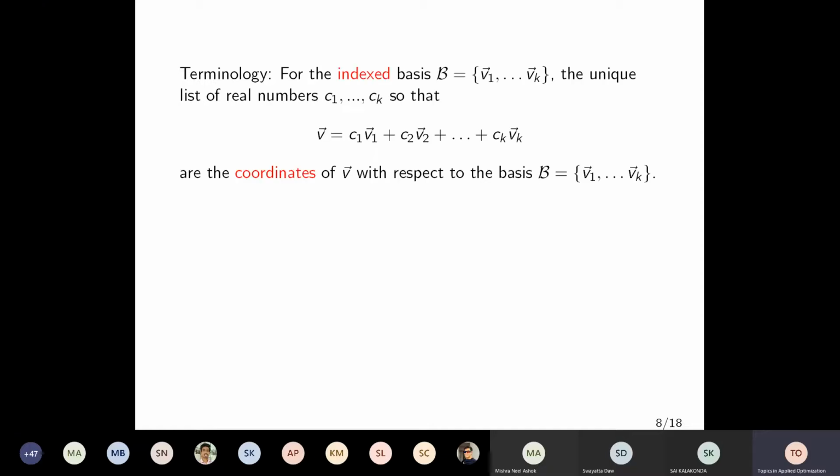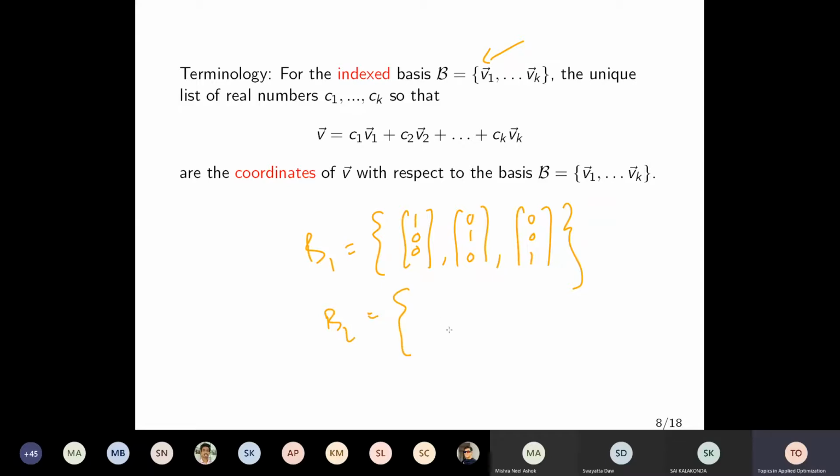Indexing matters also. Ordering matters. Even in the canonical basis, if you change the ordering, for instance, my basis is, let us say in R3, (1, 0, 0), (0, 1, 0) and (0, 0, 1). The coordinates with respect to this basis will be different from the coordinates where I just interchange these, so (0, 1, 0), (1, 0, 0) and (0, 0, 1).